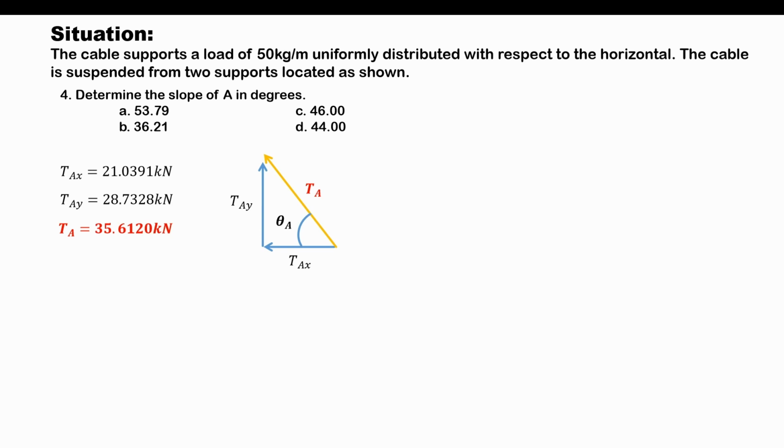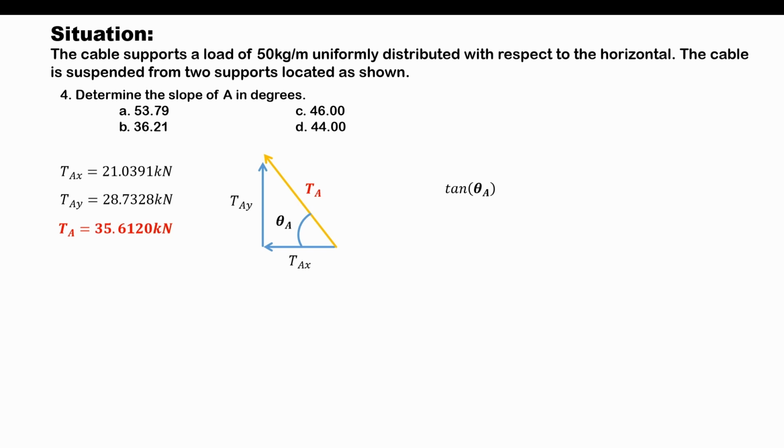So basically, we already have the value of all the sides of this triangle force representation. So basically, we can use the three common trigonometric functions in solving theta A. You can use sine, cosine, or tangent. But in here, what I use is the tangent function.